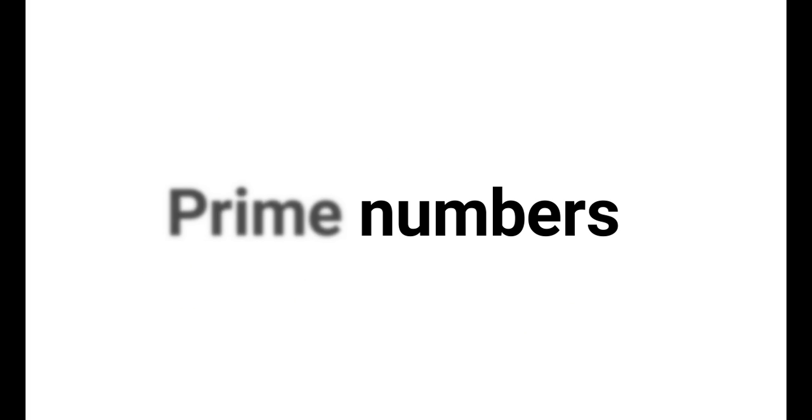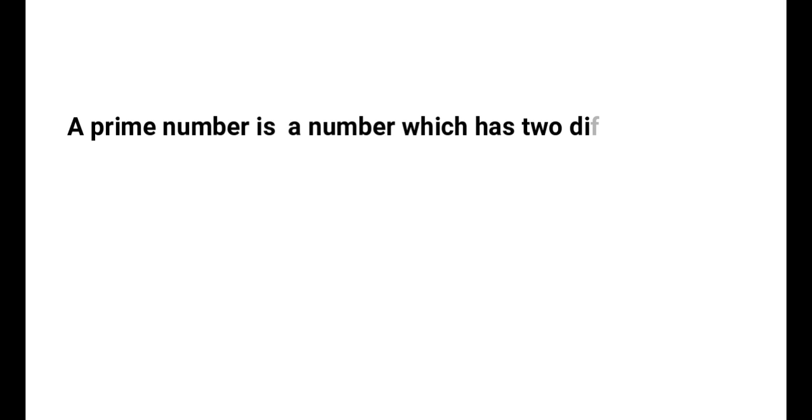Prime numbers. Now, what are prime numbers? Prime numbers are numbers which have exactly two different factors. These numbers have only two factors, themselves and 1.